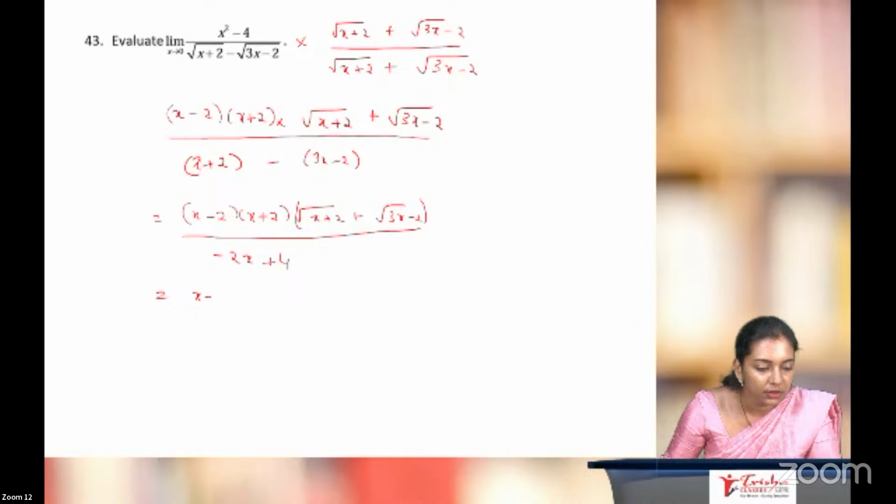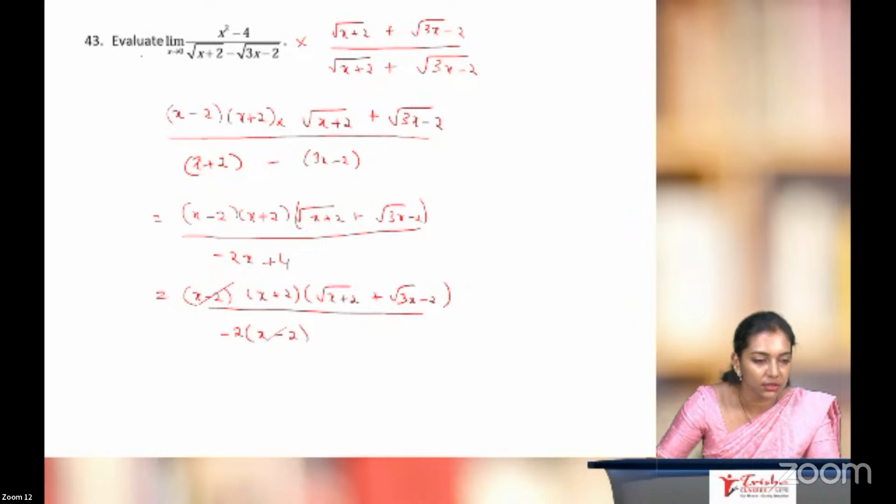Or it is x minus 2 into x plus 2 into root of x plus 2 plus root of 3x minus 2 divided by, so you can actually take out minus 2 common, so x minus 2 you have. Now you can cancel out x minus 2, x minus 2.